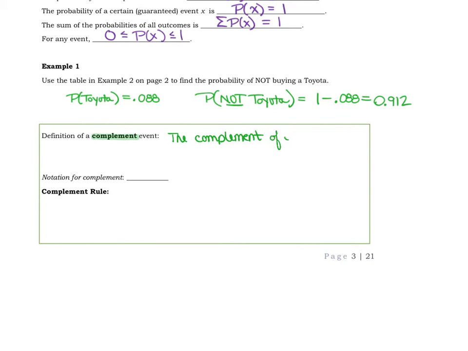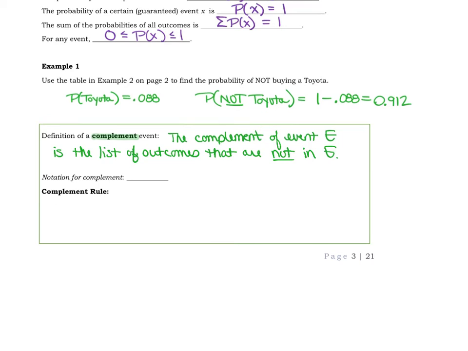The complement of some event, which we're going to call capital E, is the list of outcomes that are not in E, all the things that are not in E. So when it said not a Toyota, that meant all of the things that were Ford, Honda, GM, or Mazda in the previous example.